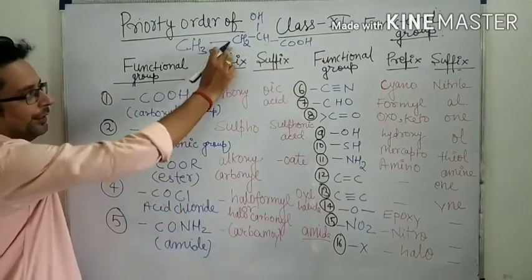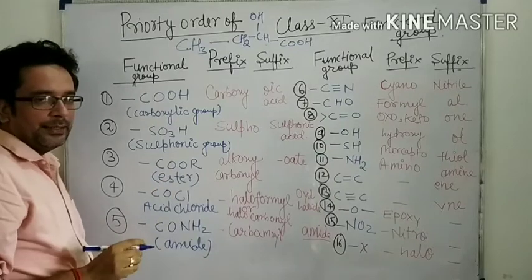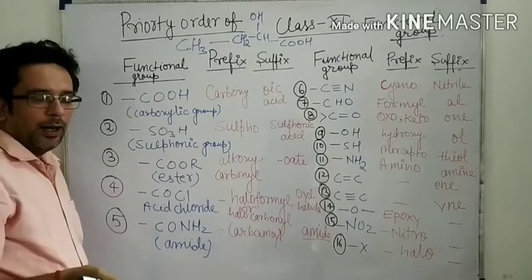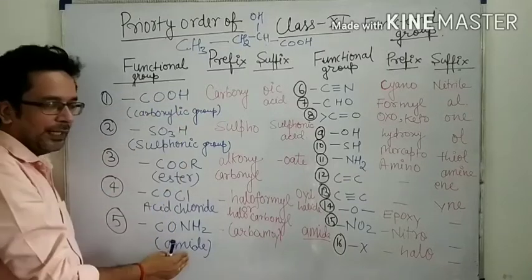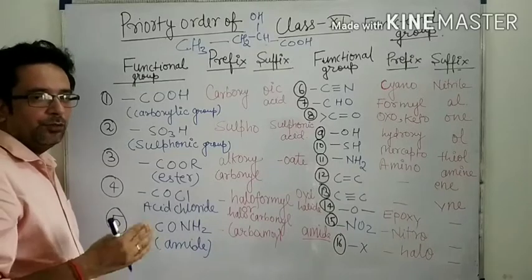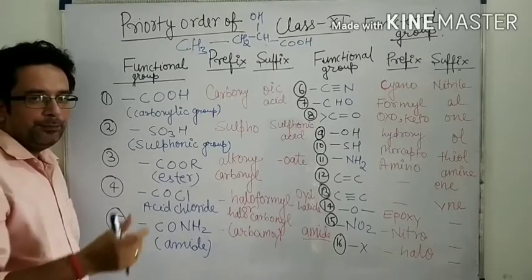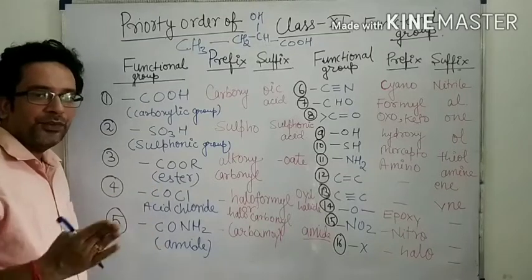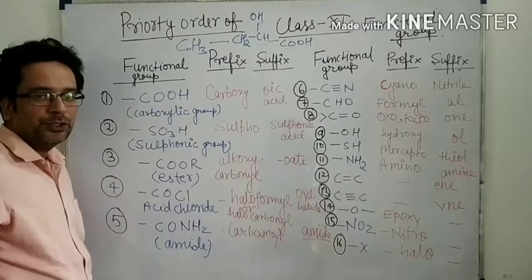Look here, in this compound there are two functional groups. So first we identify which group is the principal functional group. On the basis of the seniority order, we can identify which functional group is the principal functional group. The one that comes first in priority order is known as the principal functional group.